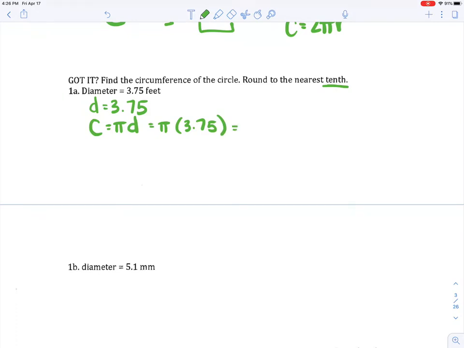Now on your calculator you will see a pi button. Please do not plug in 3.14 because we do not want to round yet. It wants our final answer rounded. We don't want to plug in numbers that are already rounded. So when you hit pi, then hit times and 3.75, rounding to the nearest tenth, you get 11.8 feet.